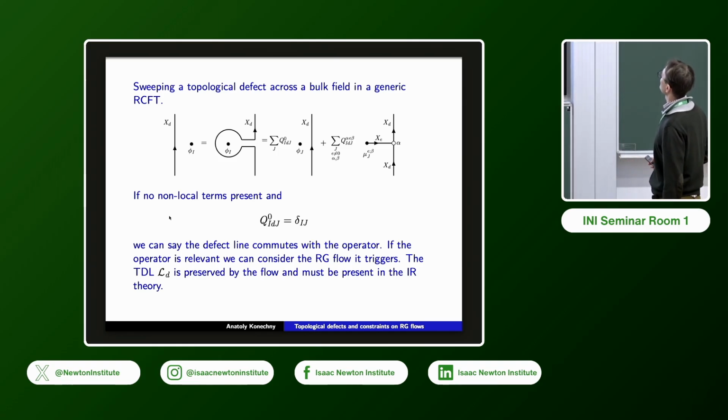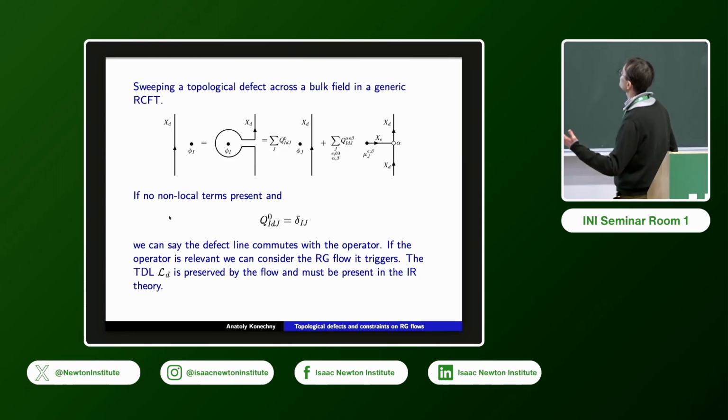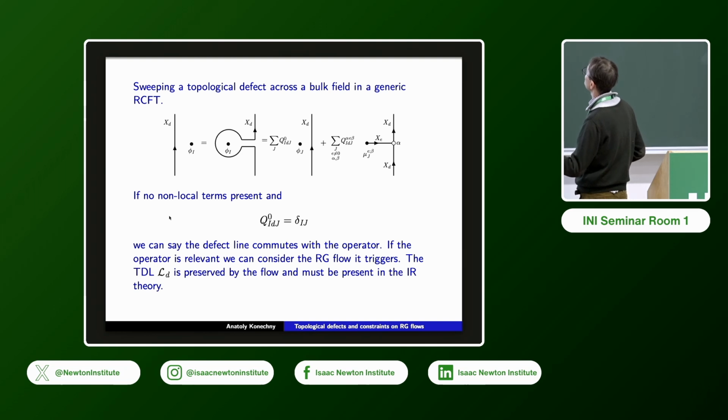In this picture, I have isolated a local term, where you can think of it that there's just an identity trivial defect between the insertion and the defect which passed through. And here we have the non-local terms, right? They will look like this, because after the sweeping, I will get these contributions where my operator phi is no longer local.